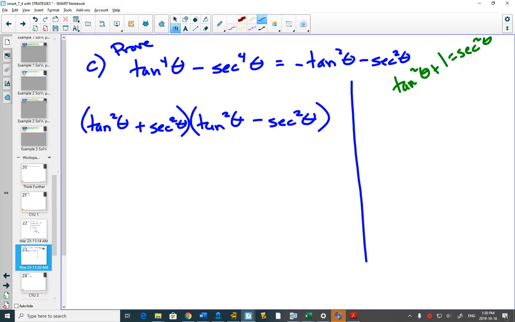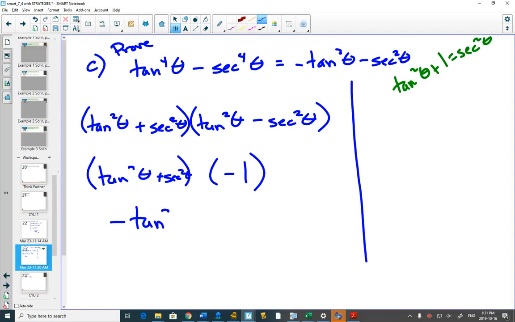If I rearrange the formula to get the second one, what would be on the other side? A minus 1. And then if you multiply this minus 1 through, you get negative tan squared minus secant squared.